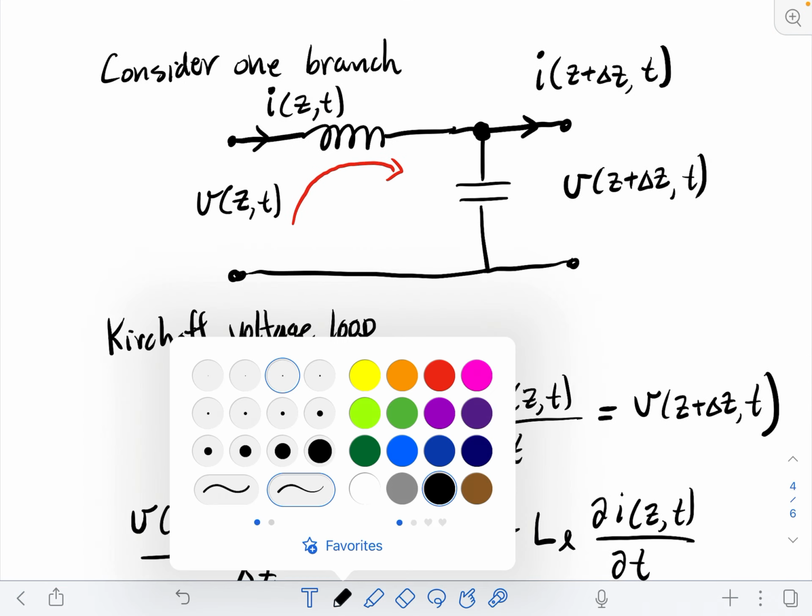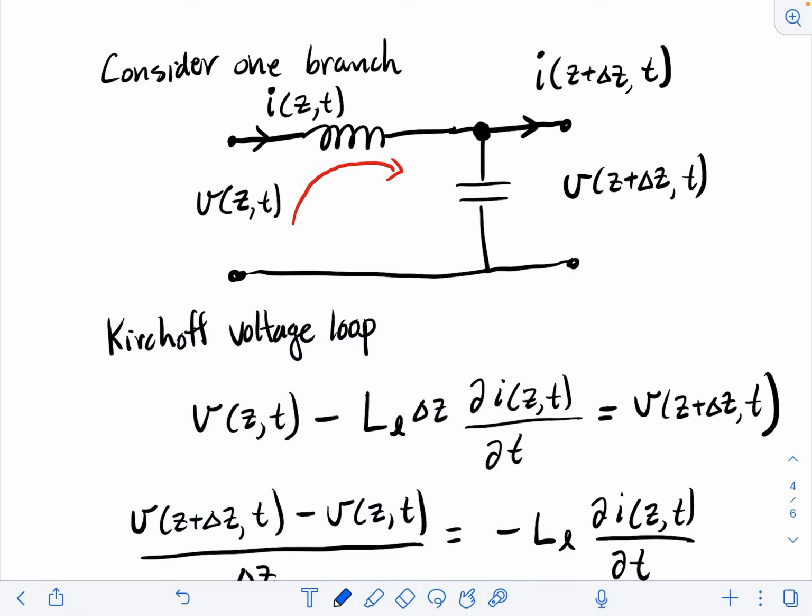So we have a current I(z,t) going into the junction, the top junction let's look at, and then we have a current I at z plus delta z going out of the junction, and we would also have a current going through our capacitor, and so maybe I'll call that IC.